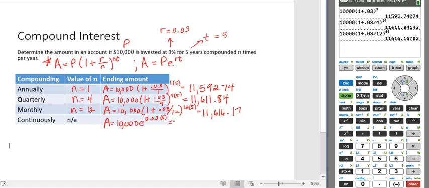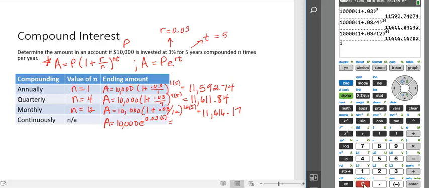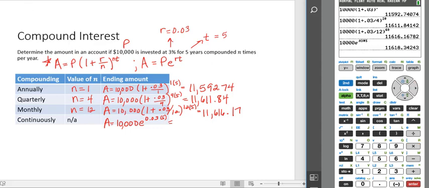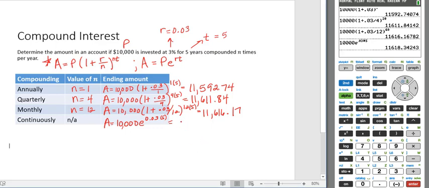So this time we would have 10,000, and then to get e, we're going to do second ln, and then in my exponent is 0.03 times 5. And then right arrow key and enter. So that ending amount is $11,618.34.